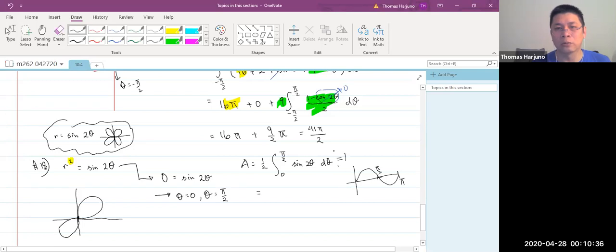I don't know, put a question mark. Let's do it actually. So this is negative 1/2 cosine 2 theta from 0 to pi over 2. That's negative 1/4.